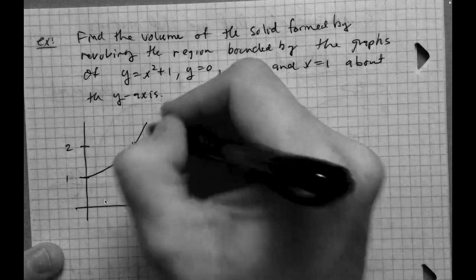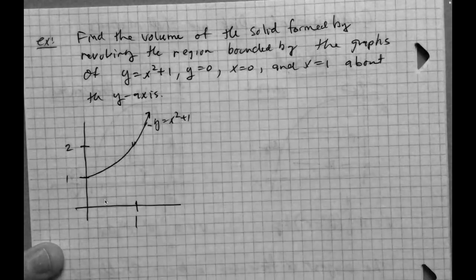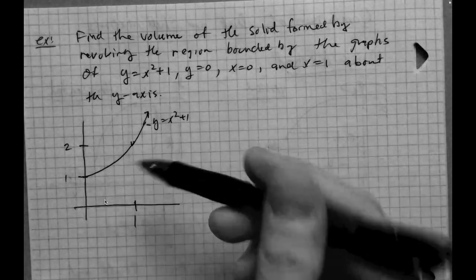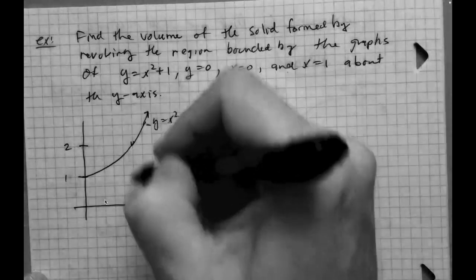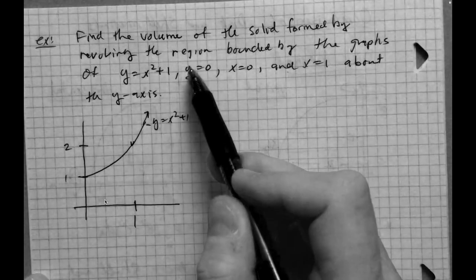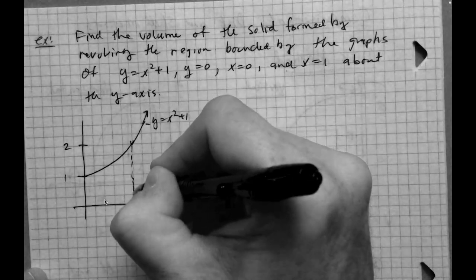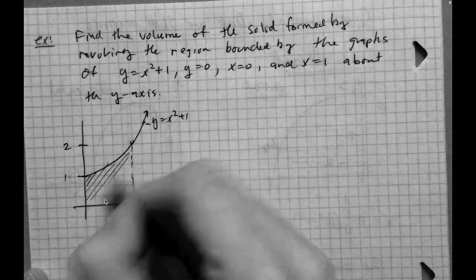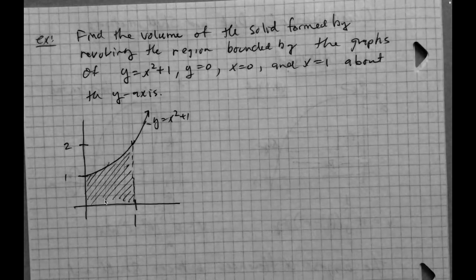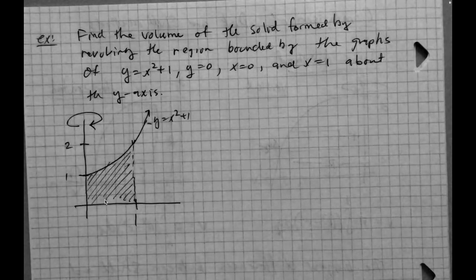This is your y equals x squared plus 1. It's just a quadratic function, so we know what that looks like, shifted up 1 unit. We're interested in the region bounded by this function, y equals 0, x equals 0, and x equals 1. And so we can see that that's just this piece here. And then we're going to rotate this around the y-axis.